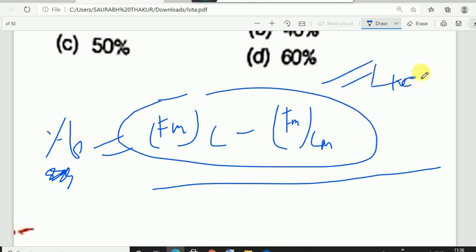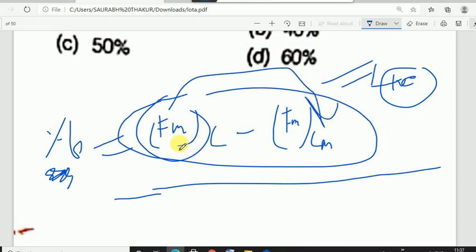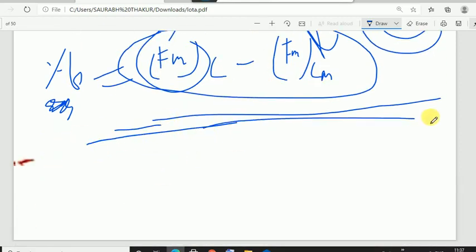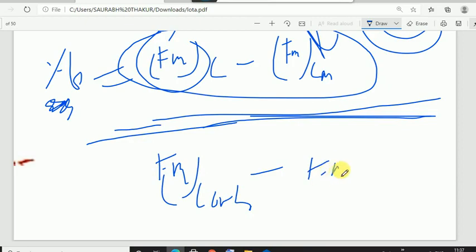Okay, for better understanding, you can do it as FMC minus FMCM. You must remember this. It would be easier to remember by this. You may use FM coarse minus FM combined, or FM combined minus FM coarse, but you have to take it as positive. Divided by, in the denominator, you have to remember FM for combined minus FM for fine.